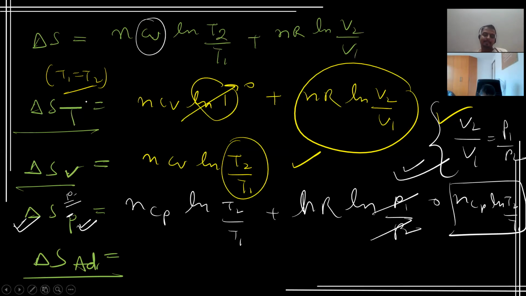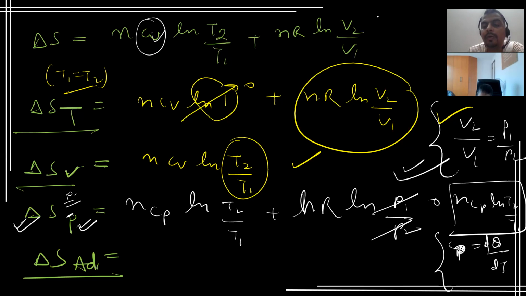Any doubt? So the nCv becomes nCp. Yes, Cv becomes Cp for constant pressure. For constant volume there is Cv, but for constant pressure it will be Cp. And Cp is nothing but change in heat upon change in temperature, dq/dT.